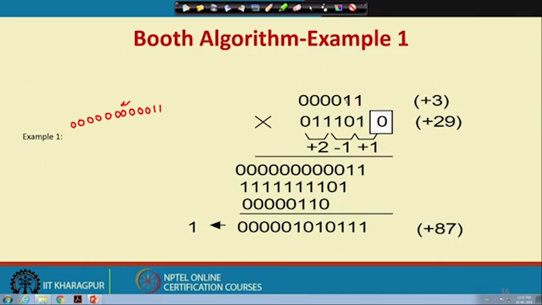So, the 2's complement of this number is 1, then there is 0, then all 1. But as this bit is 1, all the 1s will be shifted to the corresponding MSB side. Then this is for plus 2. It will start from this particular case, and plus 2 means 1 0 has been padded at the LSB position.